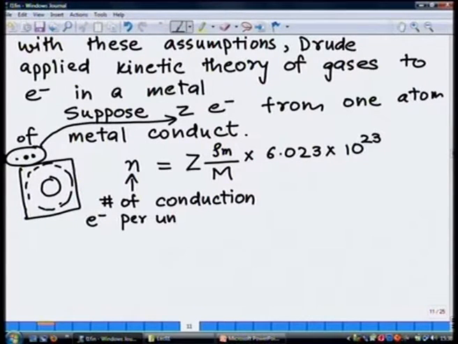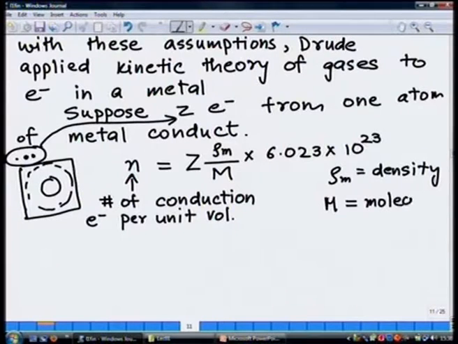So, n is the number of conduction electrons per unit volume in a metal, and of course rho m is density and m is molecular weight.